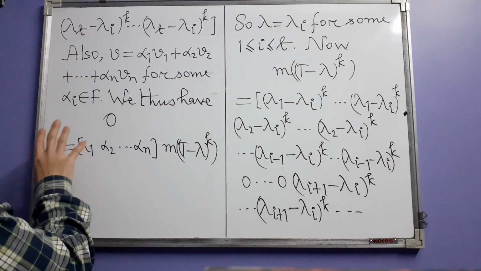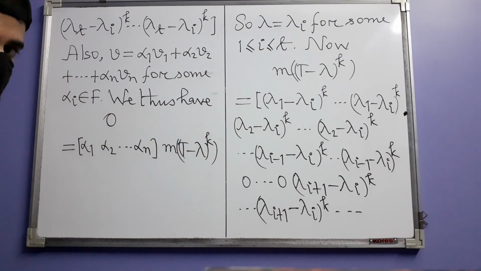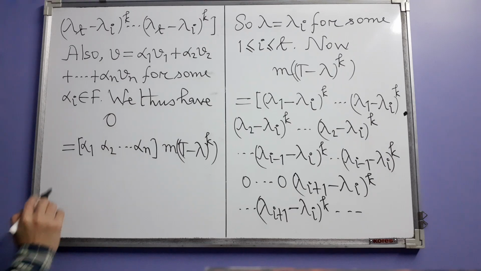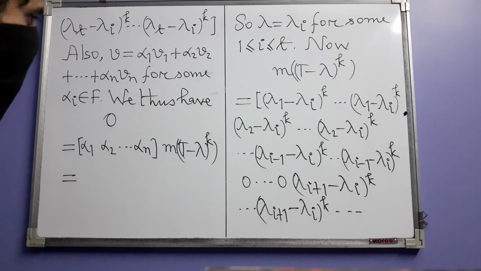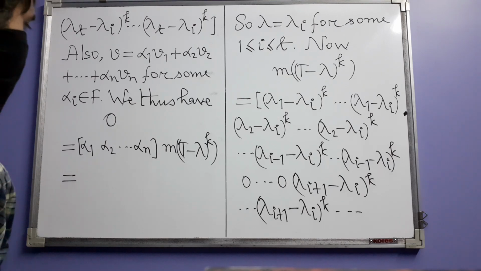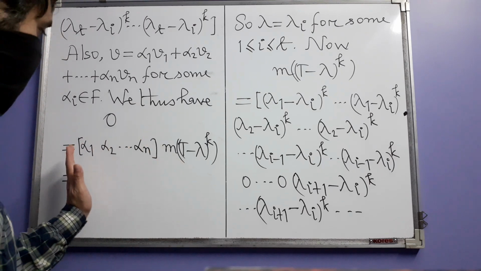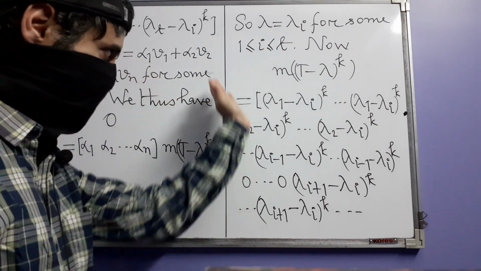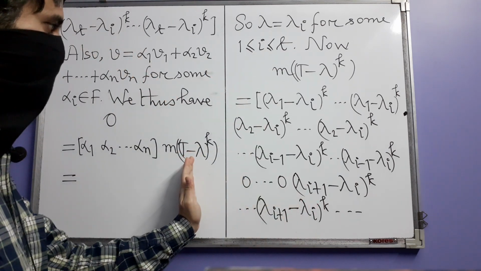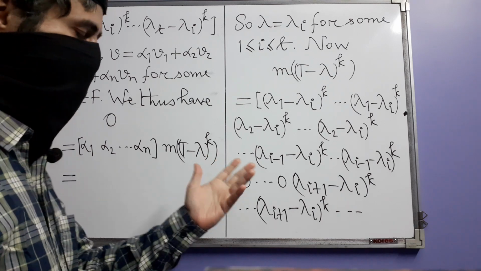So now if you actually do the multiplication, what are you going to get? It may look daunting, but you are actually going to get just what? You see, you are multiplying a row matrix by this diagonal matrix. So this is very simple.